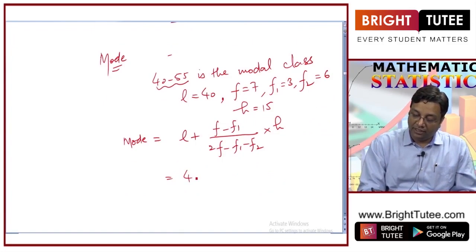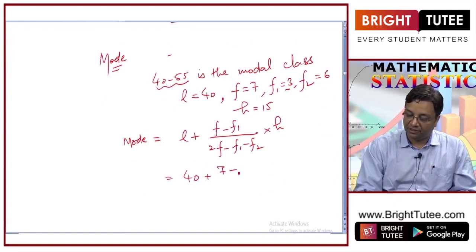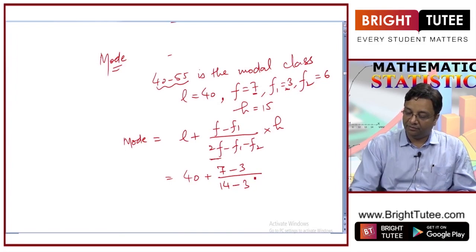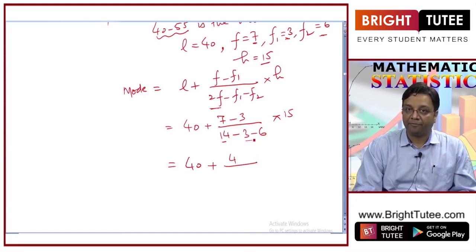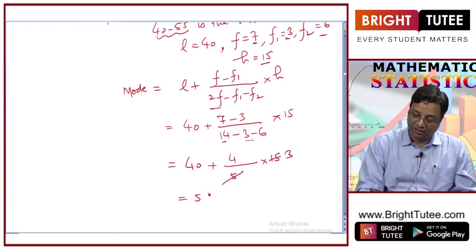So L is 40, plus f minus f1: f is 7 minus f1, which is 3, over twice of f, 14, minus f1, which is 3, minus f2, which is 6, into h, which is 15 in this case. So the mode will be 40 plus 4 divided by 14 minus 9, which is 5, into 15. It will give you 3 here. 4 into 3 is 12. 40 plus 12 is 52.